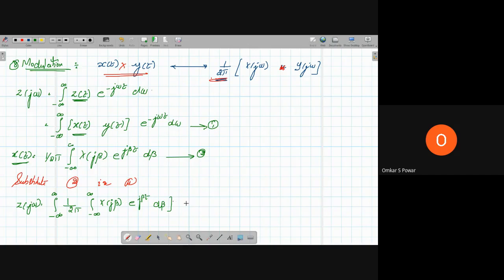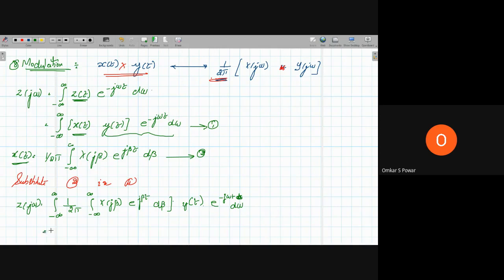Then what have we got here? Y of t, since remaining e power minus j omega t into d omega. Okay. Now what I will do, you observe here.